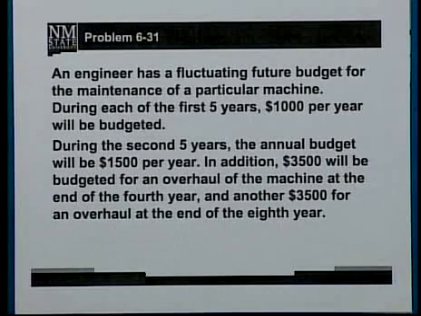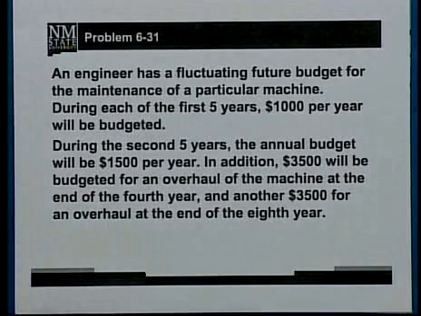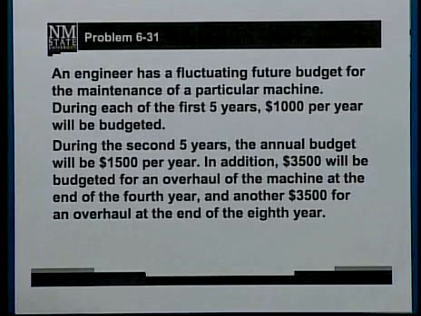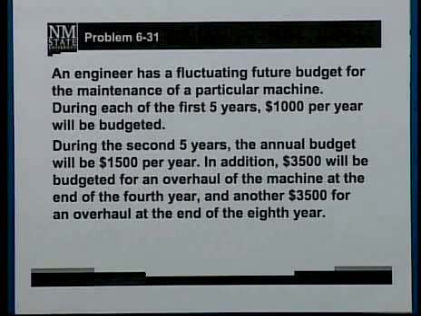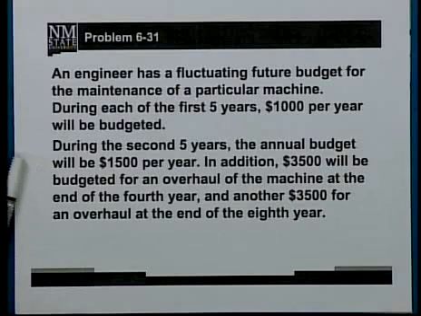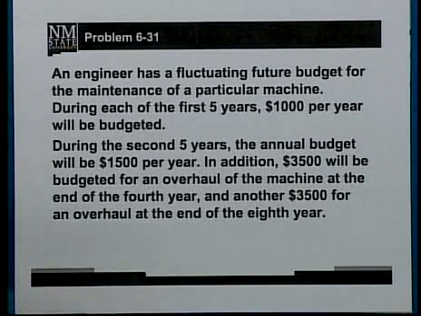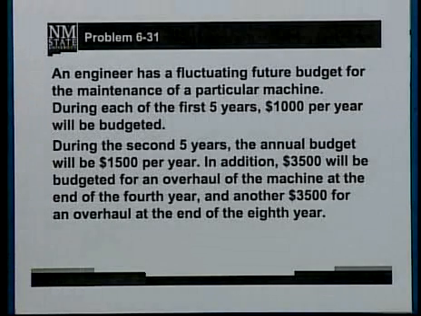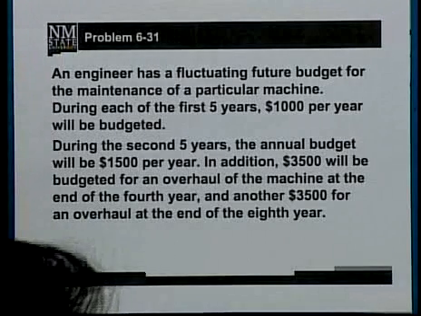An engineer has a fluctuating future budget for the maintenance of a particular machine. During each of the first 5 years, $1,000 per year will be budgeted. And then during the second 5 years, the annual budget will be $1,500 per year.